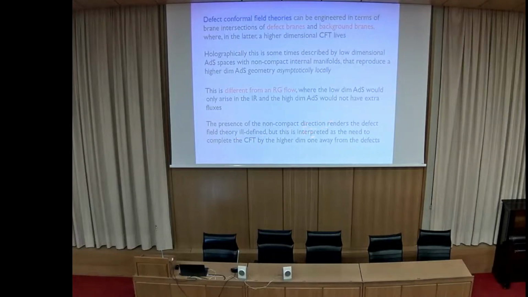This is interpreted, when the theory is associated to a defect CFT, as the need to complete the CFT by the higher dimensional one away from the defects. In some sense, when this non-compact direction goes to infinity, you end up in the higher dimensional theory, and the opposite limit is when you are, say, at the core of the defect.